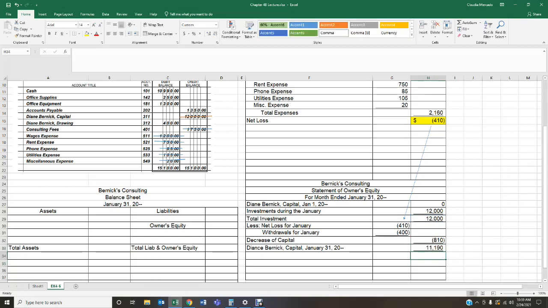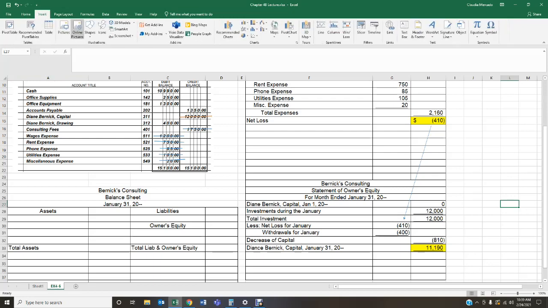So 12,000 minus the 810 will give me $11,190. Okay? So my capital decreased by $810, which represents the loss of $410 and the withdrawal of $400. So my ending capital is $11,190. Okay?